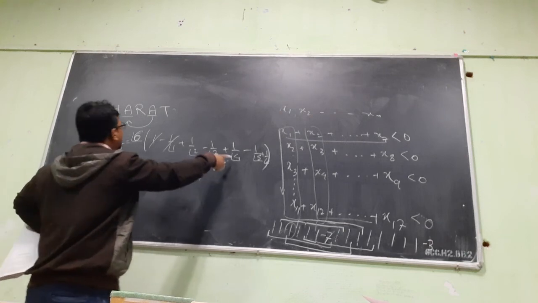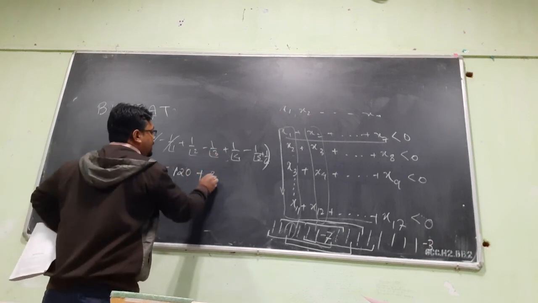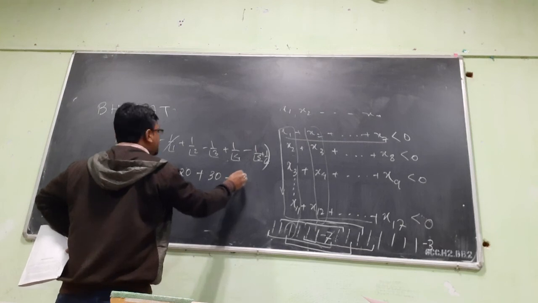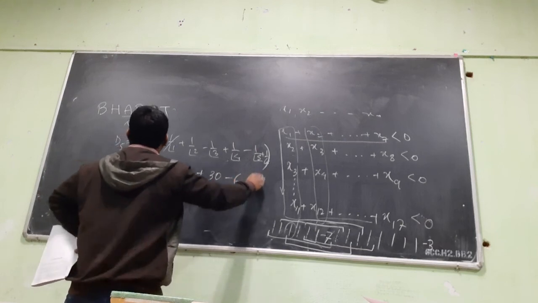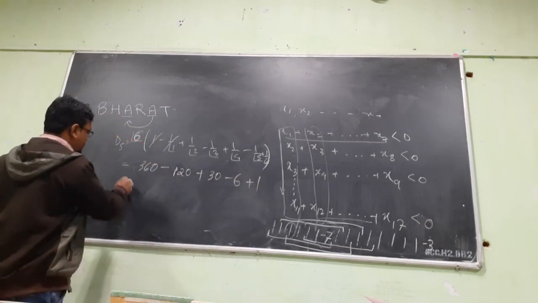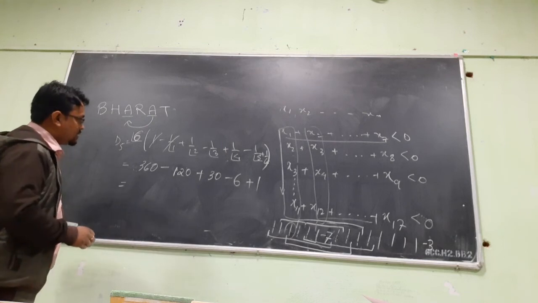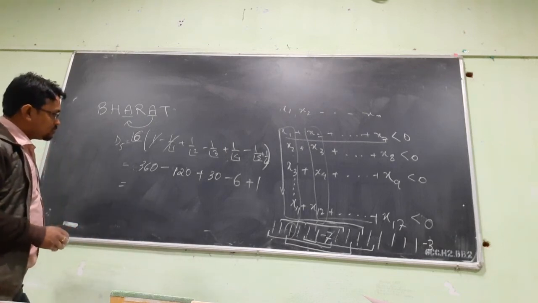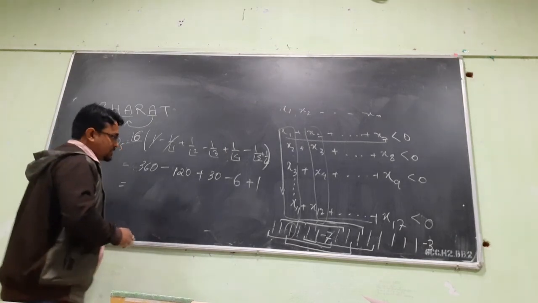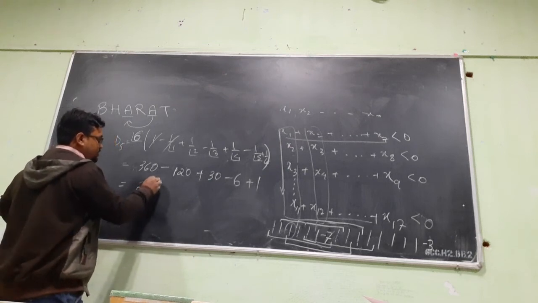Plus 30 minus 6 plus 1, no? So what is this? 240 plus 30 is 270 minus 1, 260.